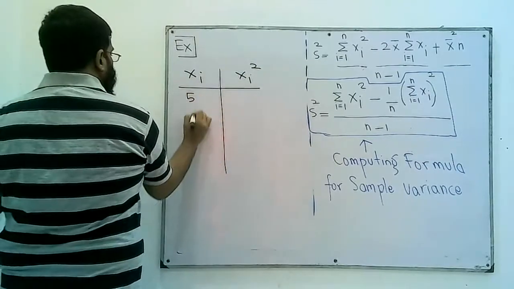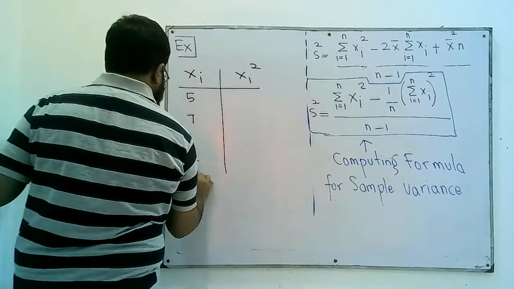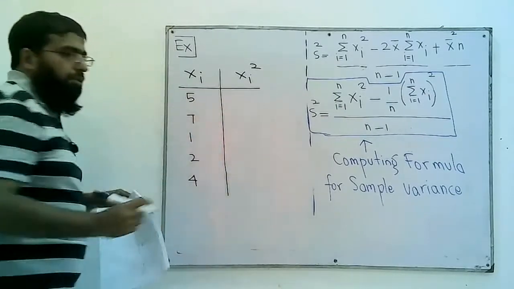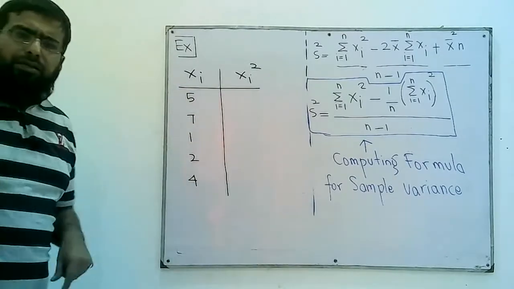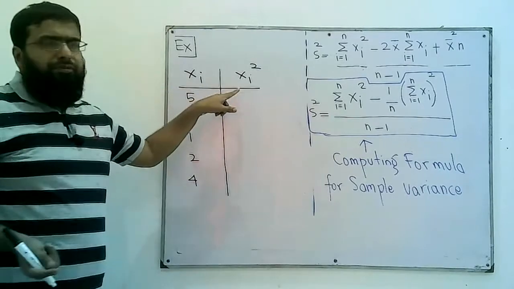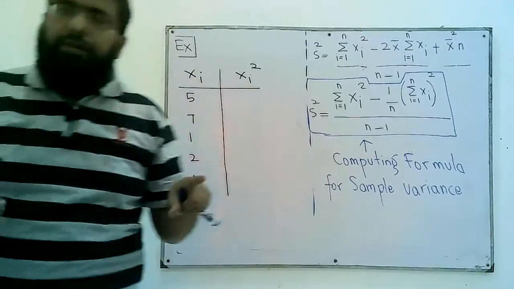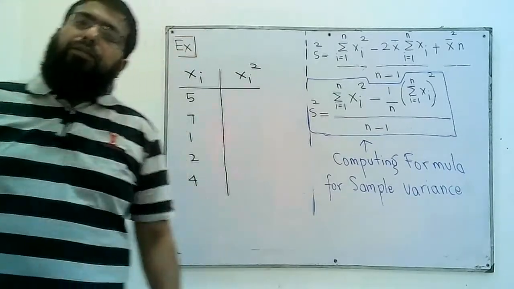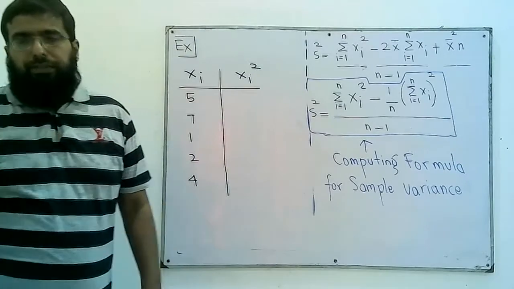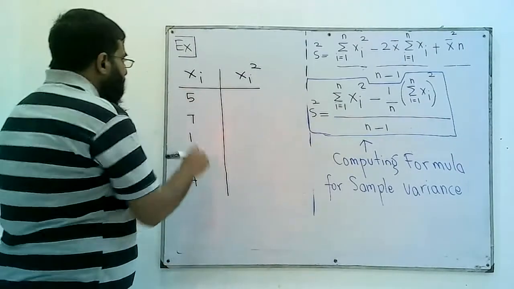The xi's are 5, 7, 1, 2, 4. This is the same data set we worked with in our last lecture. In our last lecture, we computed the mean first, and then we subtracted each data element from the mean, right? Then we computed the square of each term, added all those terms and divided by n-1. So let's adopt a simpler way now.